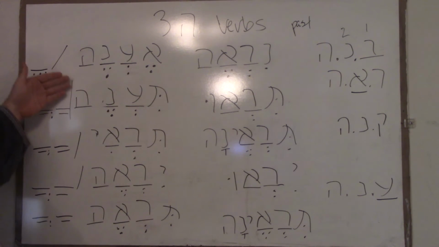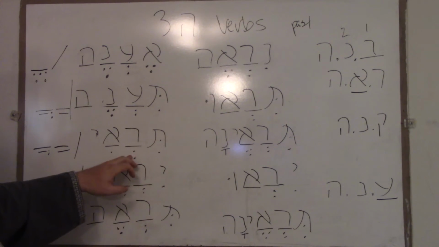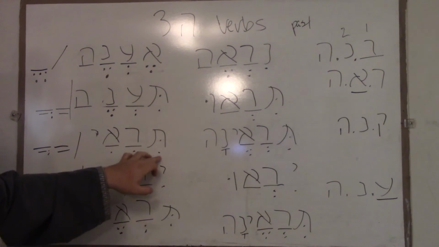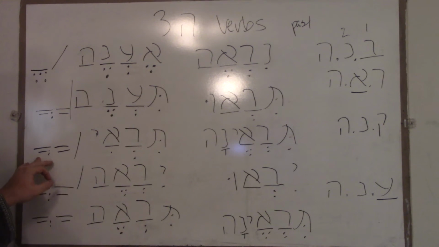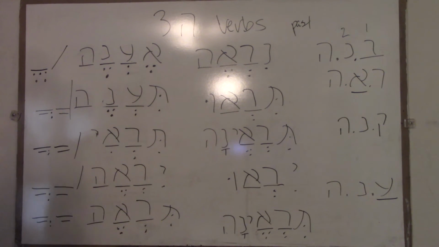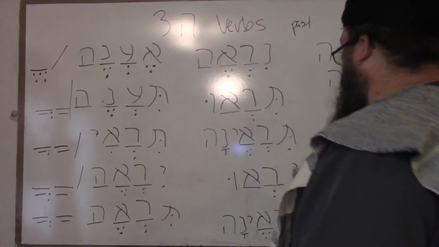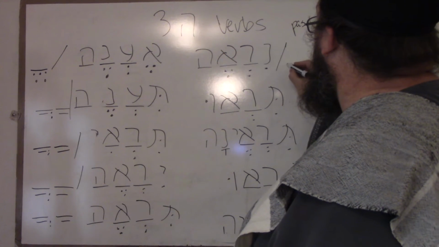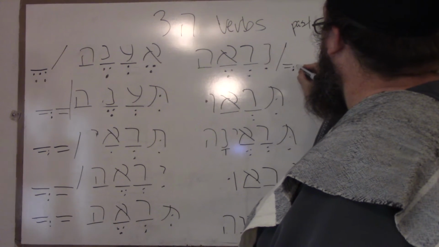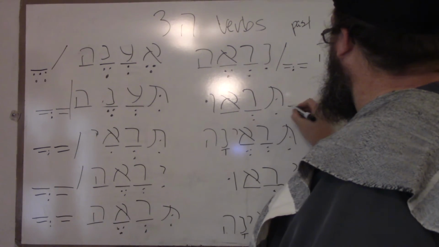So the chamatz is going to be here, and the chamatz kataf is going to be here. The same thing goes throughout all of the rest of these. We're going to replace the hirik and the shua with the chamatz and the chamatz kataf, and that's going to be placed into this position here, so that that is taken care of. And this is going to follow suit even over here. We're going to see the same changes over here.